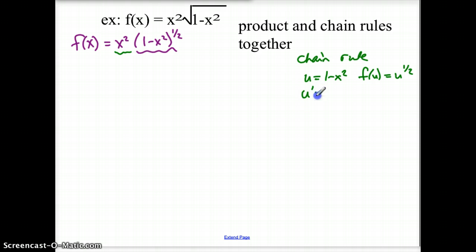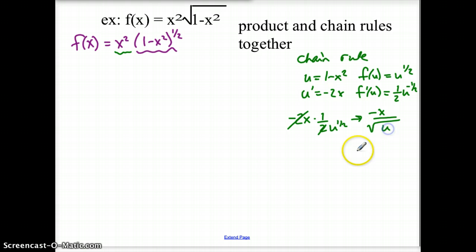The derivative of the inside is -2x, and the derivative of the outside is 1/2 u to the -1/2. Multiplying those two together, we have -2x times 1/2, and then u to the -1/2 brings that down there. The 2's cancel, so we have -x over the square root of u, which was 1 minus x squared. So we have this -x over the square root of 1 minus x squared. That's just the derivative of this purple piece right here.